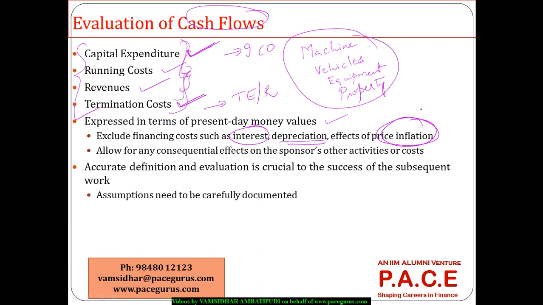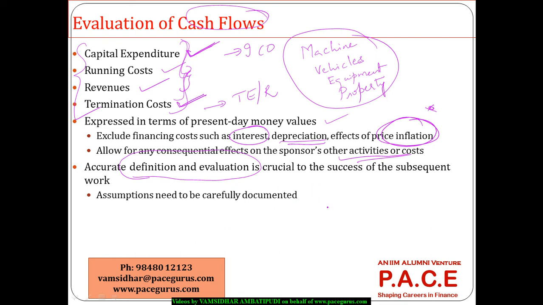But in some cases, we may really think of bringing in even the price inflation into the picture. And if there are any other activities or costs that are getting influenced by this particular project, external benefits or external costs, even they need to be incorporated as a part of the cash flows. And whatever is the scope, actual definition and evaluation, is very much important for us.